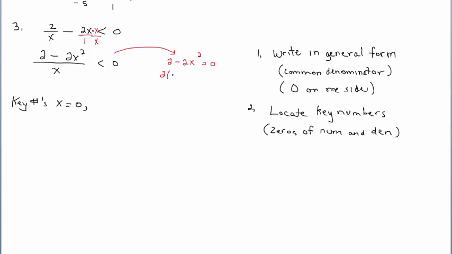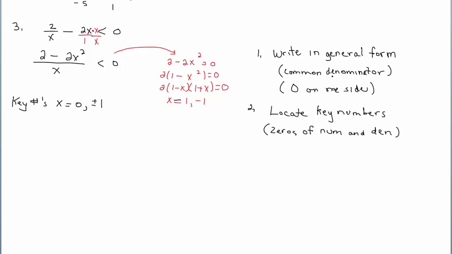I know when I factor out 2, and I continue factoring, if you want, I'm going to have 1 minus x and 1 plus x. Set each factor equal to 0, and I think we can all do that. So the result is x is 1 and x is negative 1. I might otherwise put those in order, but not a big deal right now. So I'm going to come over here. Positive, negative 1.